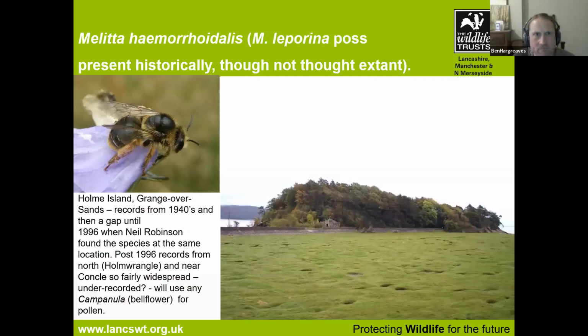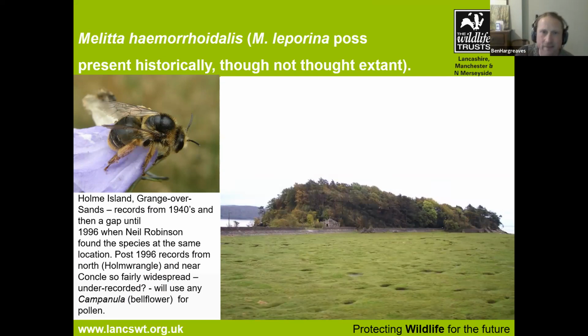So yeah, Melitta haemorrhoidalis, a distinctive species associated with harebells, and quite a nice story in the Cumbria context, in that the first records for the Northwest from Grange-over-Sands in the 1940s came from Holme Island, which is illustrated.